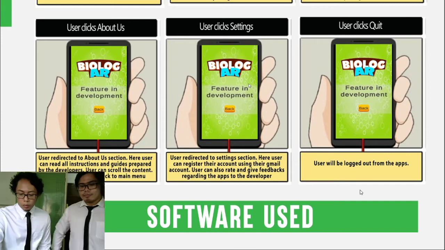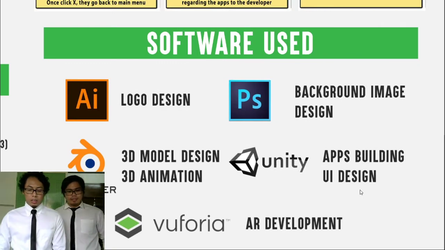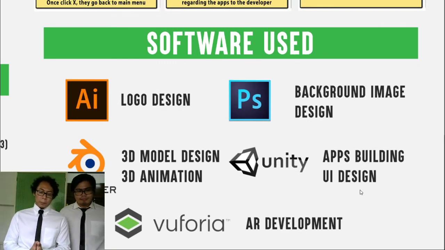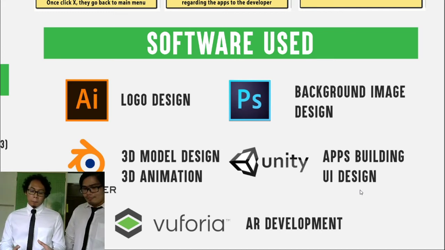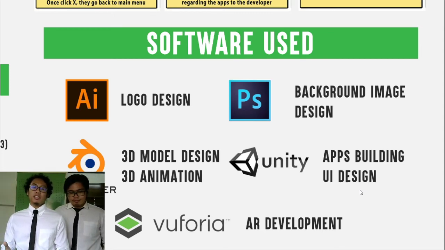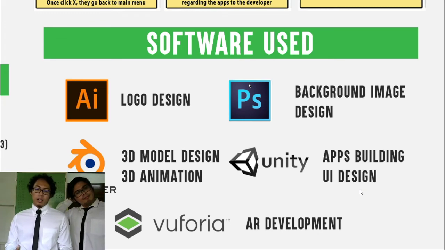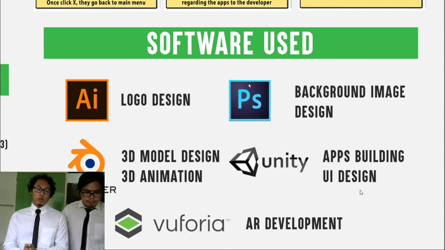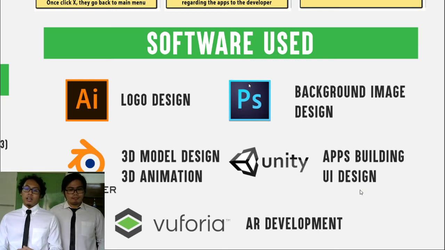Now we go to the software that we used to develop our application. The main software is Unity 3D. Unity 3D is widely used for 3D gaming, but in this case we use it for e-learning on the Android platform. We also use Adobe Illustrator and Photoshop to create the UI, the titles, the background and everything for our application.